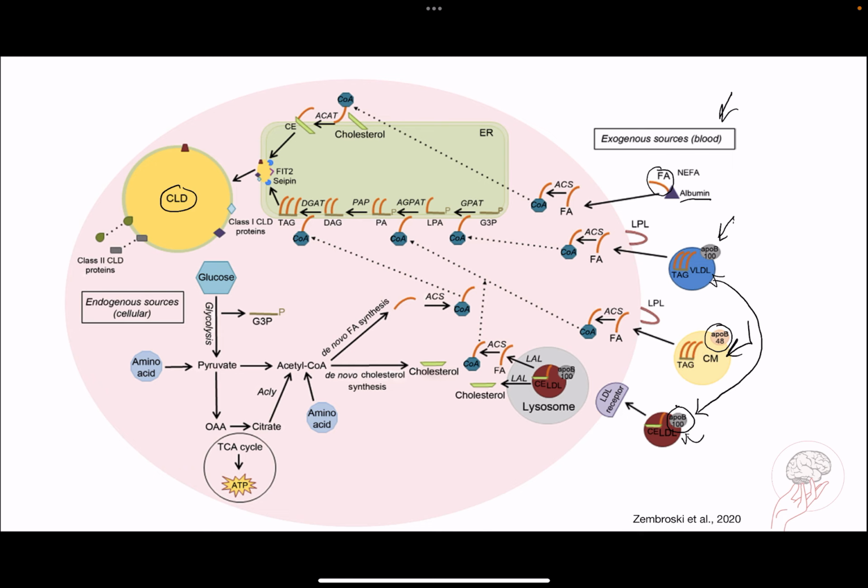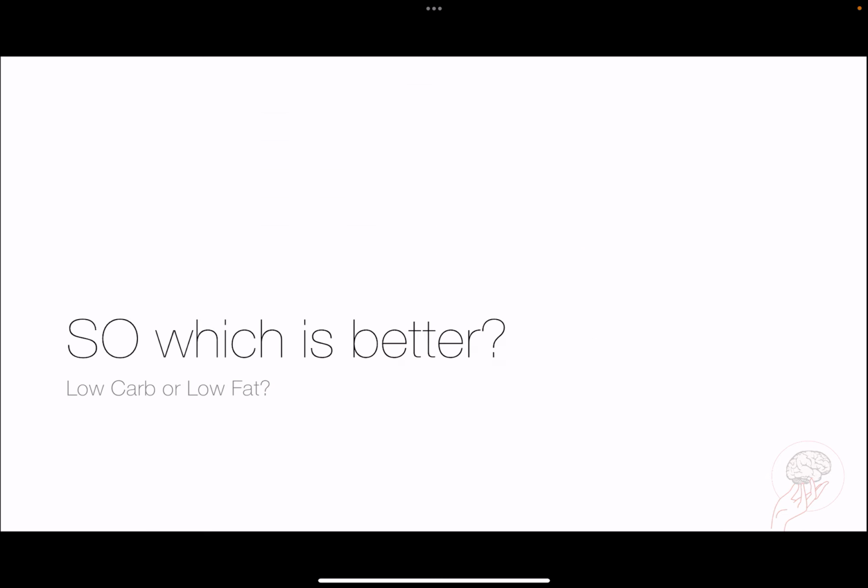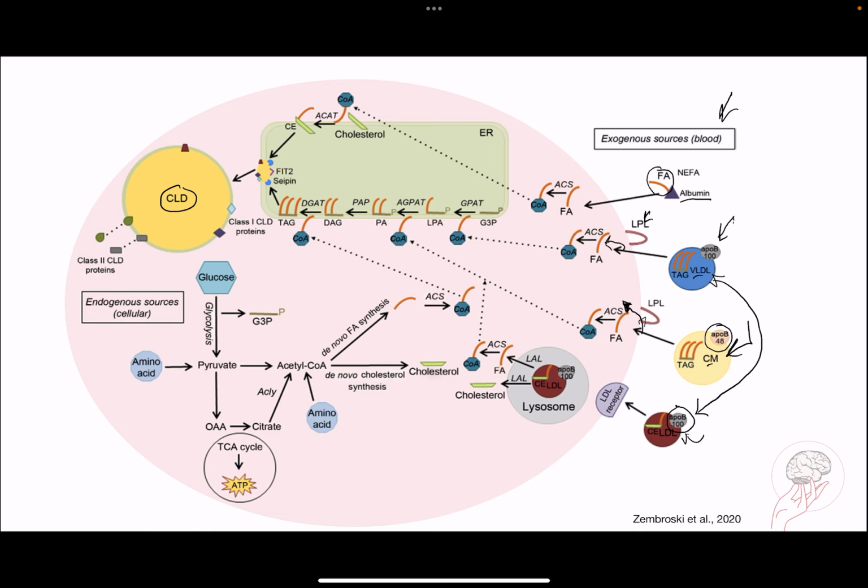So if we have either a chylomicron or very low density lipoprotein, LPL is going to clip off a free fatty acid, and here LPL is going to clip off a free fatty acid. These free fatty acids, again, are going to get tagged with a CoA group so that they can't diffuse back out of the cell.